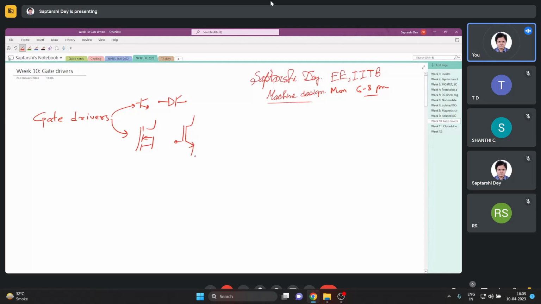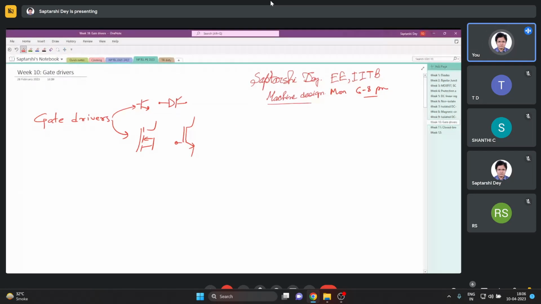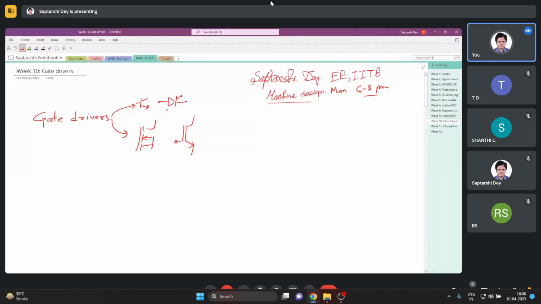Now, gate drivers, as you can understand, are required to turn on or turn off the devices. The devices require a certain amount of charge or some other mechanism so that they can create the channel in them, which can let the electric current flow through the semiconductors.